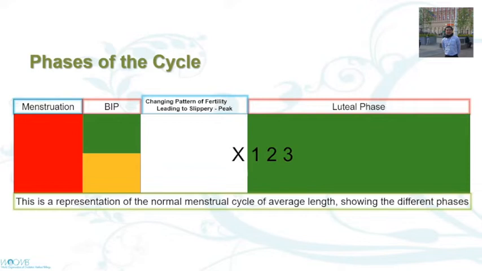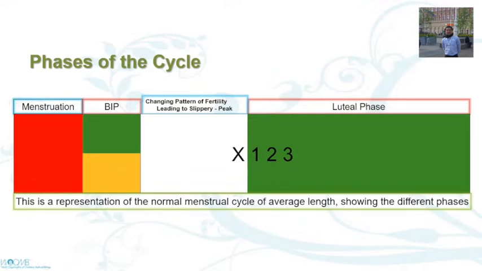I repeat: menstruation, open cervix. BIP, closed cervix. Changing pattern of fertility ending with a peak, open cervix, including the first 3 days of the luteal. Then the luteal phase. The luteal phase begins day 1 after the peak day.